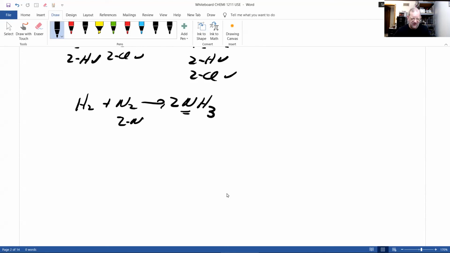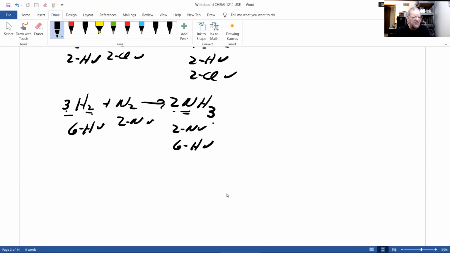I change the coefficient. So now I have 2 nitrogen, but 2 times 3, 6 hydrogen. And how do I get 6 hydrogen? Because I only have 2. Well, I change the coefficient. 3 times 2 is 6 hydrogen. And now if I look at this, 6 hydrogen, 6 hydrogen, 2 nitrogen, 2 nitrogen, it's balanced.